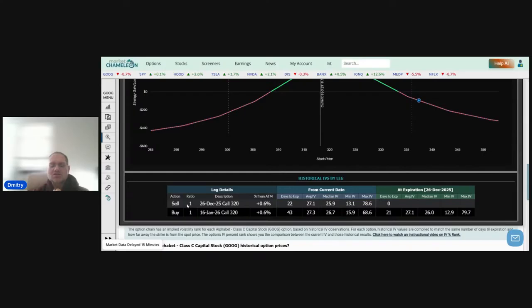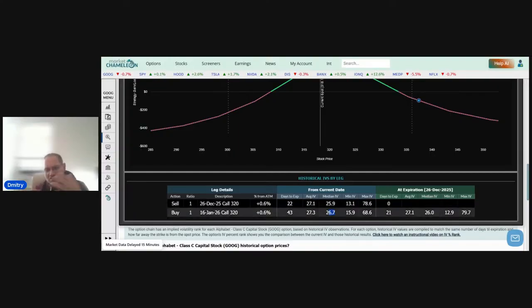So the stats here are saying, okay, your first leg, here we have historical implied vols to look at, so the average implied volatility on the current day, with 22 days to go. For this leg, it's 27.1. For this leg, 27.3. The median volatility here and the high-low range.